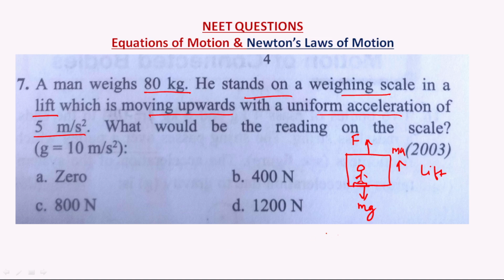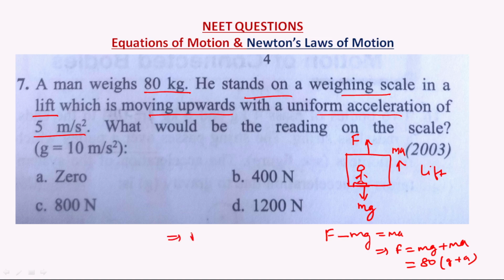So what will it be? F minus mg is equal to ma. This will give F is equal to mg plus ma. So m is constant, that is 80 kg, times g plus a, right?